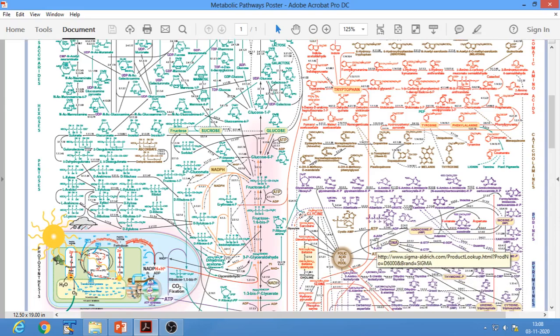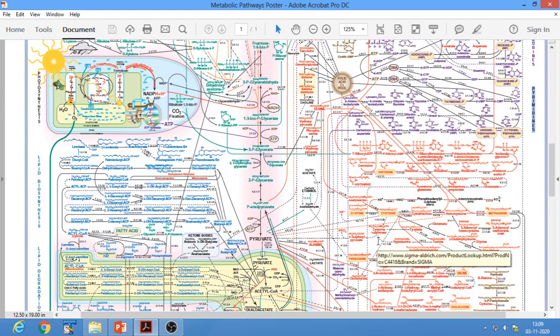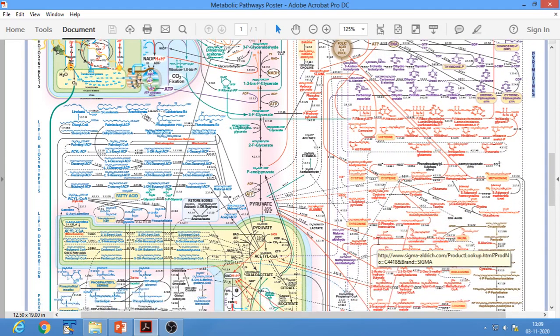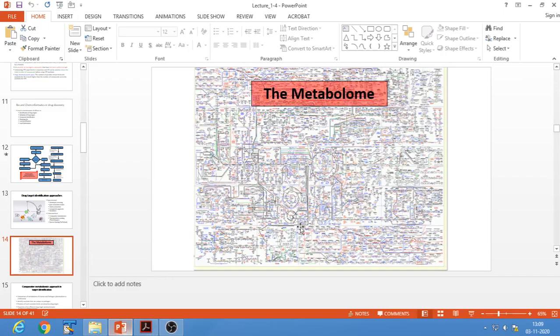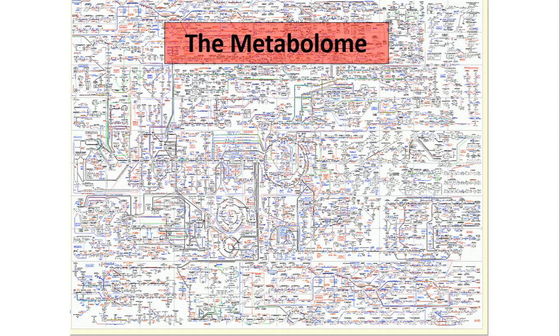My ultimate objective of showing you this poster of metabolism is for you to appreciate that metabolism is quite complex and quite dependent on each other. Everything is related to everything else in the cell.